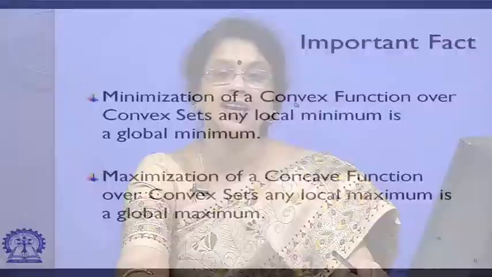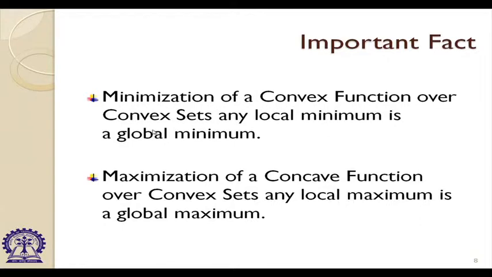But as I said, if we have the other combinations, that means the objective function is concave, the constraint set is convex, and we are minimizing the function, then do not expect that you will get the global optimal solution out of it. It may happen the objective function is neither convex nor concave, the constraint function is neither convex nor concave, do not expect that you will get the global optimality.